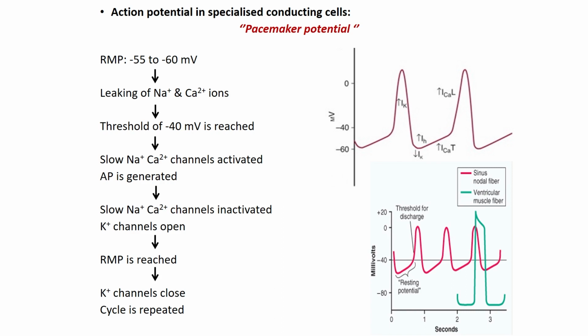The slow sodium and calcium channels inactivate, and the potassium channels open. So the resting membrane potential is reached. Because the potassium channels close, again the cycle is repeated.